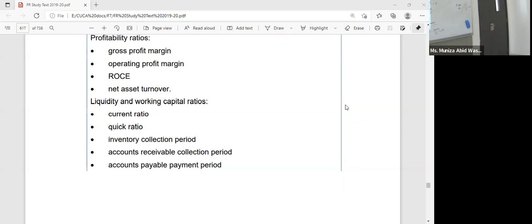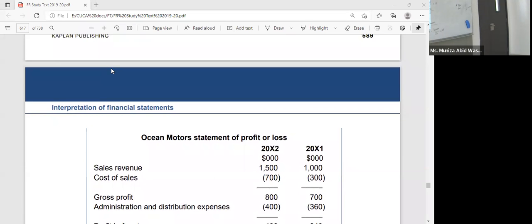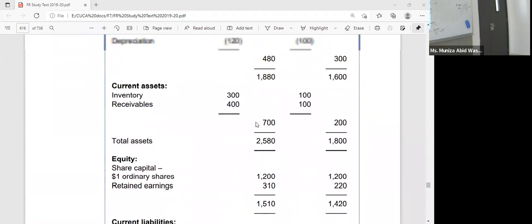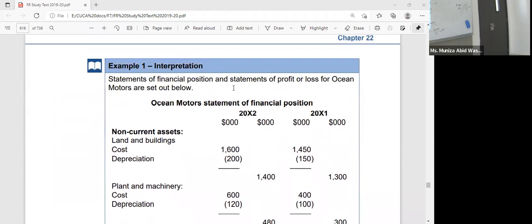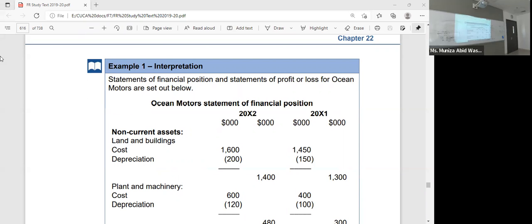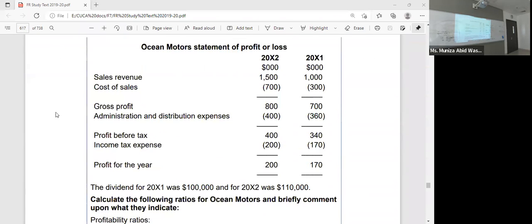Gross profit margin. Here are the financial statements. The statements of financial position and statement of profit or loss for Ocean Motors are set out below. The first portion is to calculate the performance ratios, which you are going to calculate from the statement of profit or loss. So see these statements.